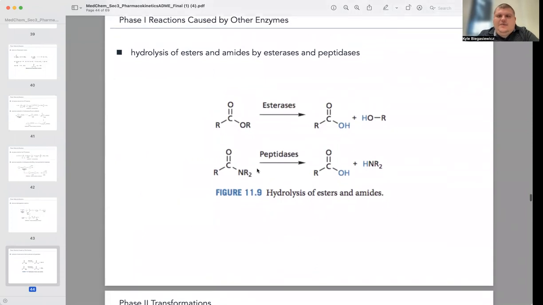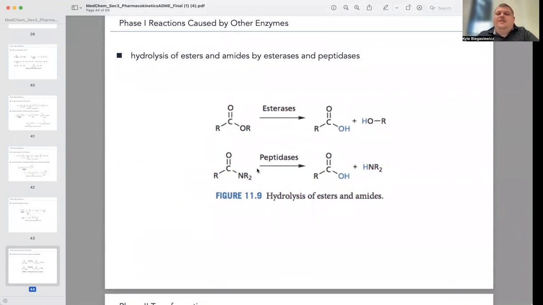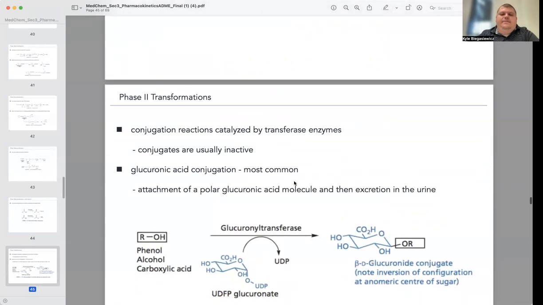Esterases and peptidases will absolutely be on your exam. You will definitely see these maybe multiple times. In fact, there'll be entryways into other aspects of some of the transformations that you'll see. So slide 44, I would star that.